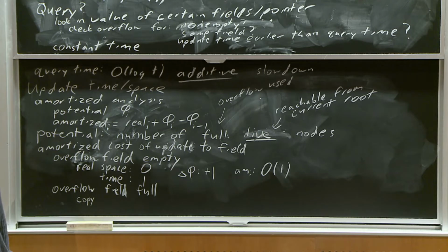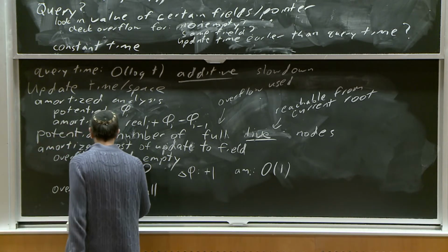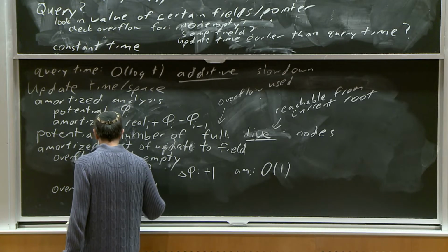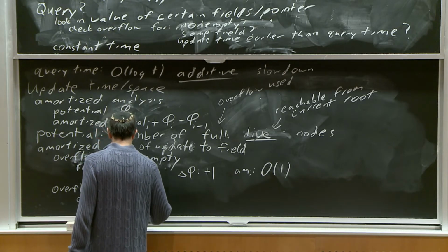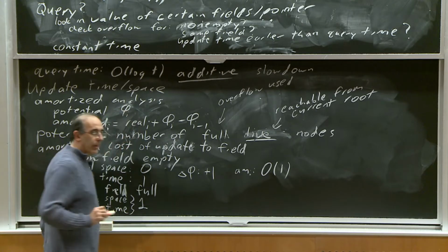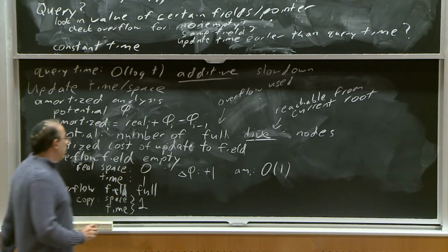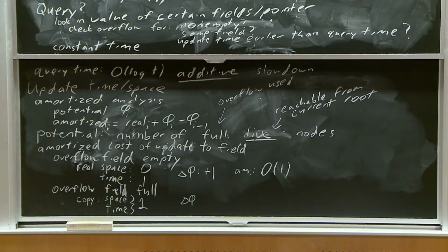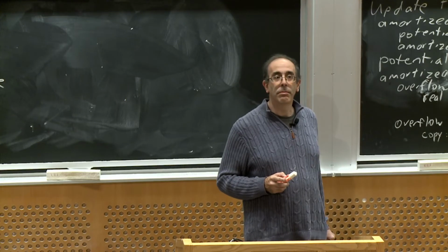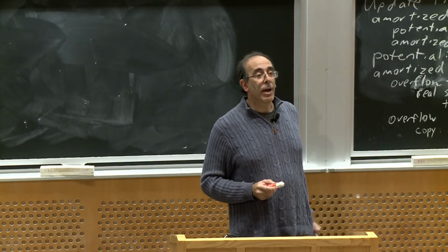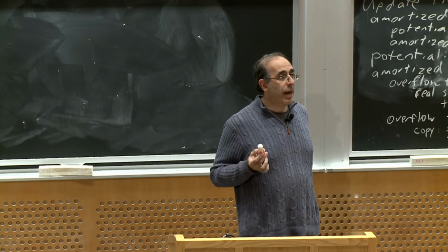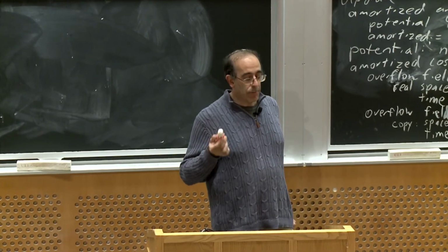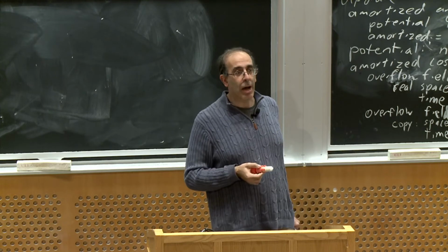Copying this node means we need a new node, so the space and the time for both of these things are 1 to do the copy. But what can I say about the change in potential? What do I do after I copy the node? Once I copy the node, I update the parent to point at the new copy.